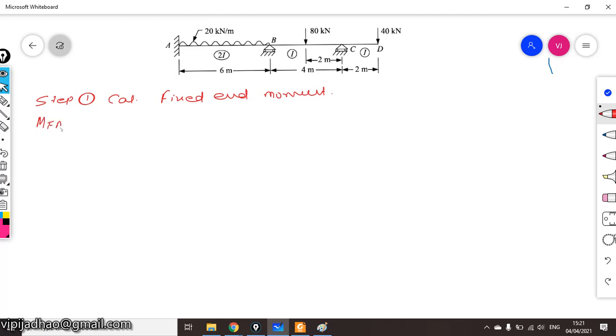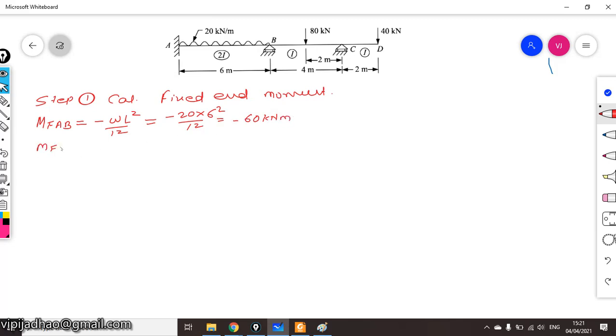So MFAB, fixed end moment for span AB, will be minus WL square upon 12. So here W is 20, L is 6, square divided by 12. So this fixed end moment will be equal to minus 60 kilonewton meter.